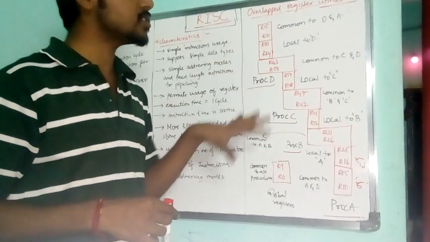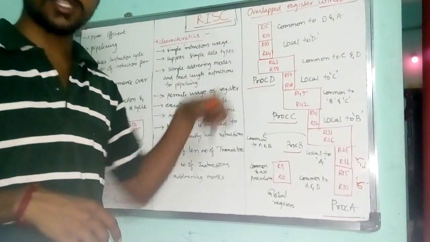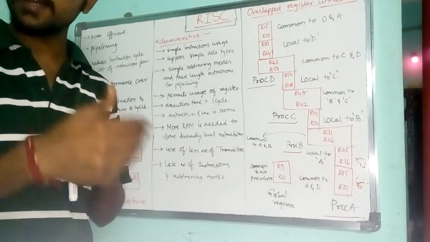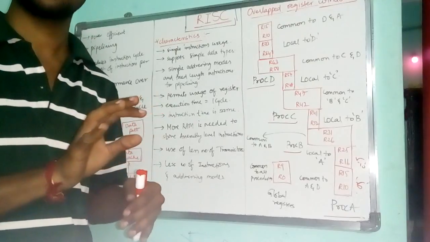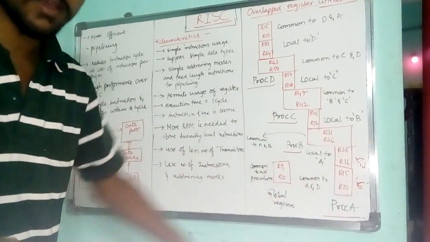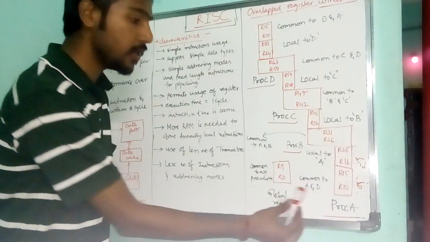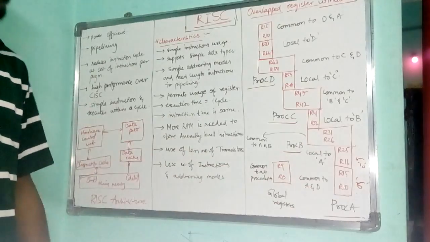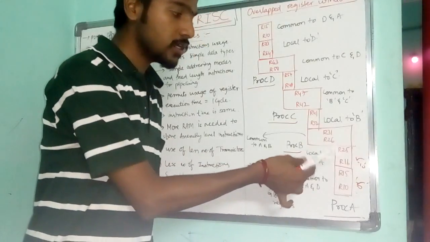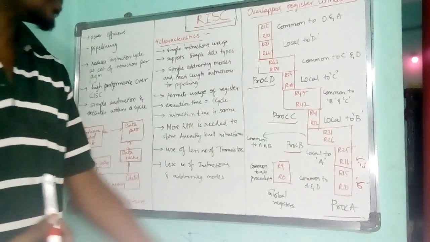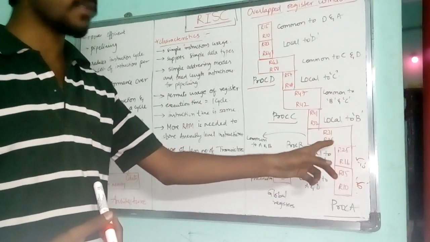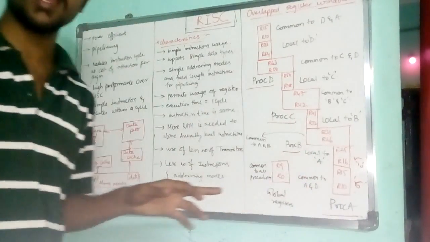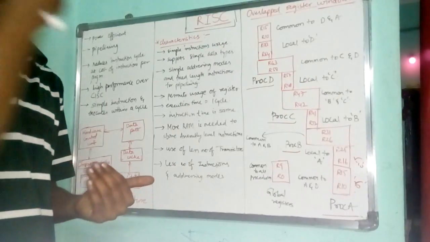In overlap register windows, the main theme is that we can share or exchange the parameters without actually moving the data. Consider an example where I call procedure B from procedure A. These are the registers which are commonly storing or exchanging my parameters between A and B, and these are the registers which are required locally to hold my local variables.